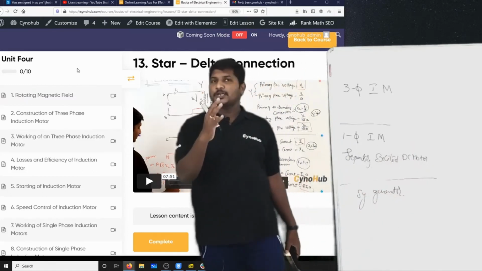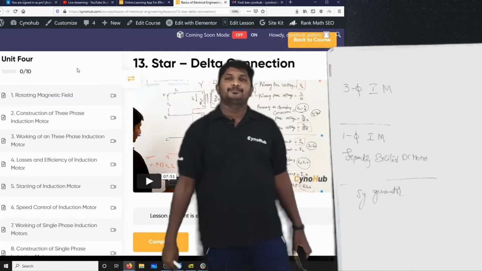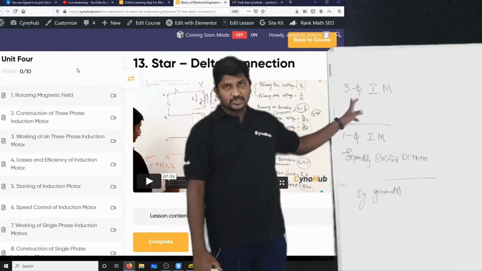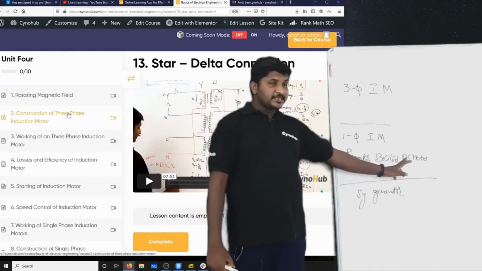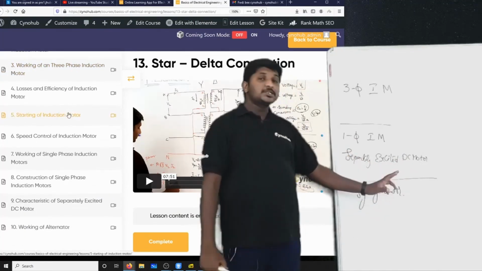So 4 electrical machines, unit number 4: 3-phase induction motor, single phase induction motor, separately excited DC motor, and synchronous generators.